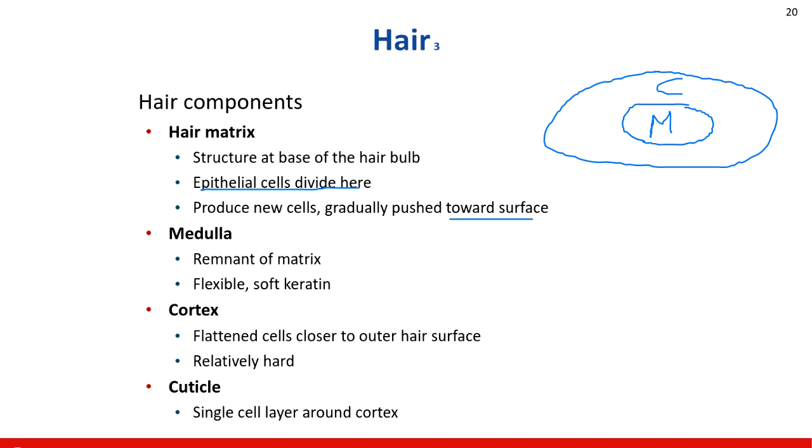Similar situation here when we're talking about the medulla and the cortex of the hair. The medulla is going to be closer to the center of the hair. This is where we're going to see where that matrix has been growing, and those epithelial cells that were getting pushed up into that area will be getting pushed up into the medulla.